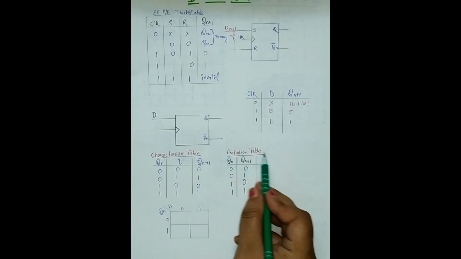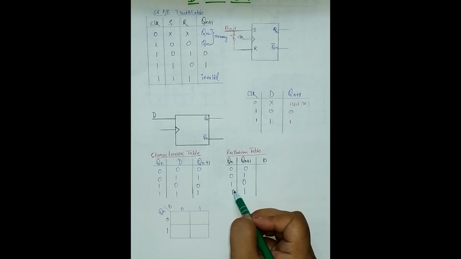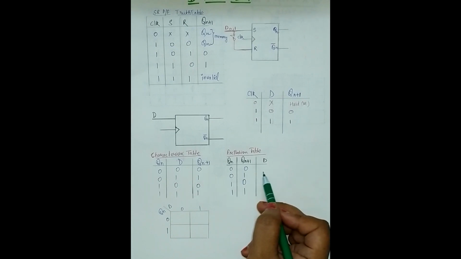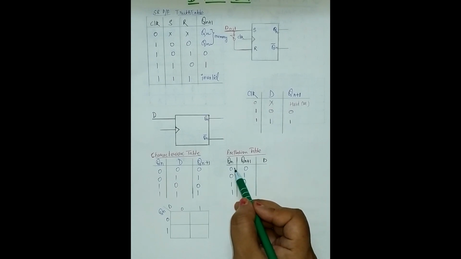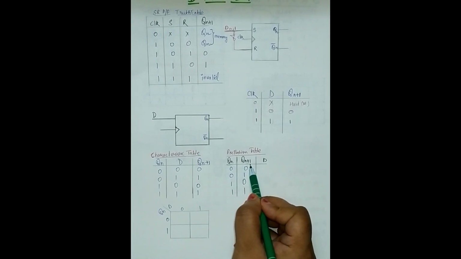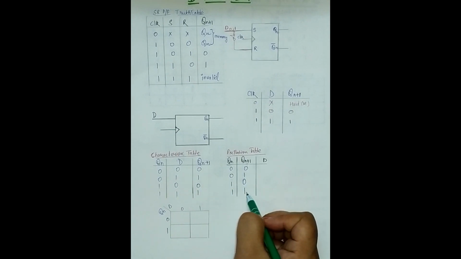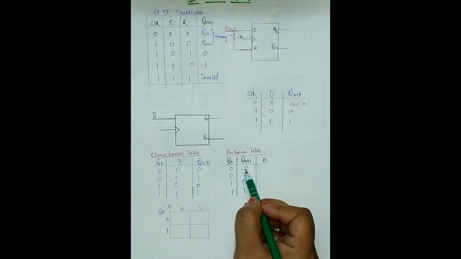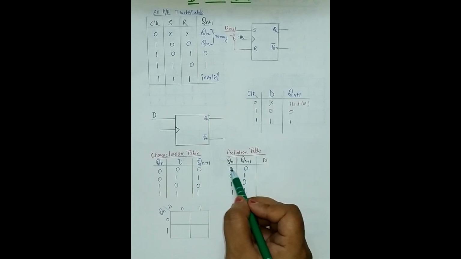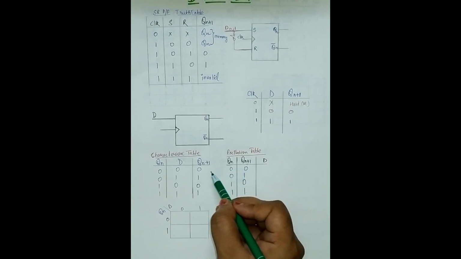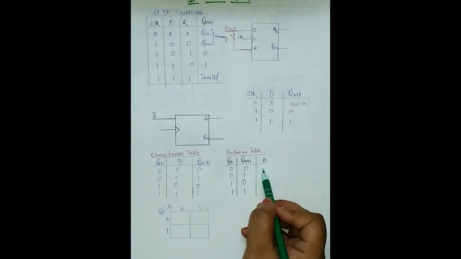Now see the excitation table. In the excitation table we try to find the excitation, or what the input should be. Qn is my present state and Qn plus 1 is my next state, so again 0 0 1 1 and 0 1 0 1. Directly you can write from the same concept that whatever the value of Qn plus 1, the same will be the value of D. Or you can justify this also.